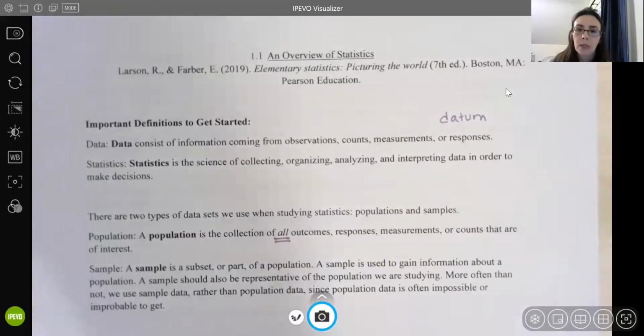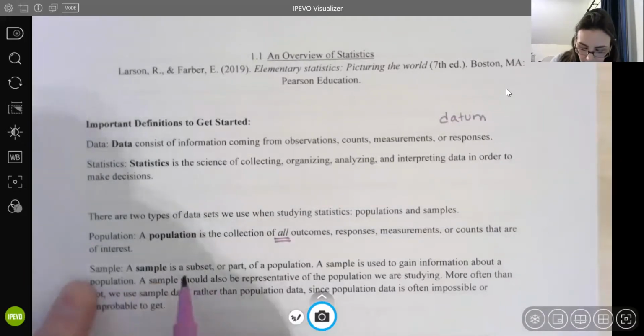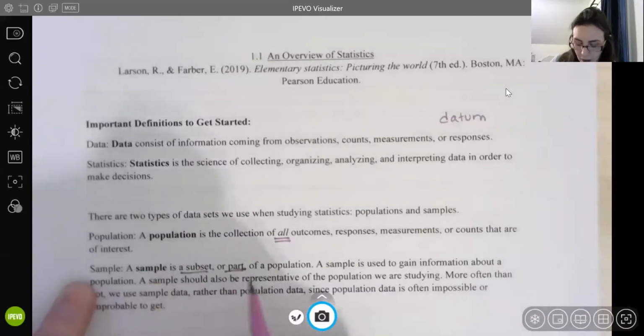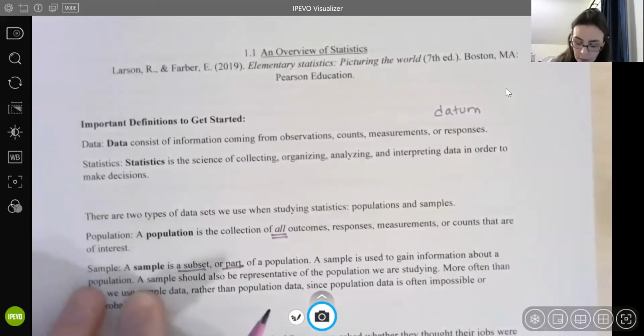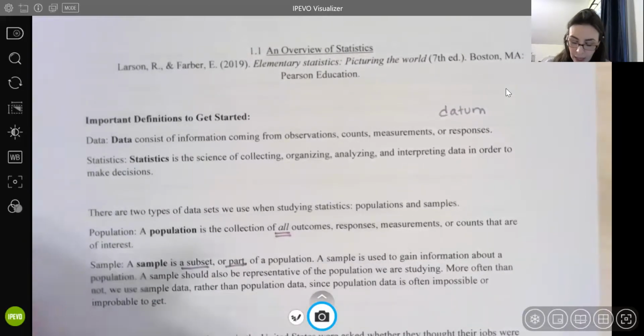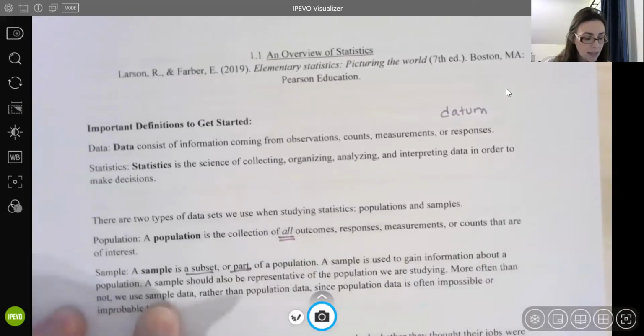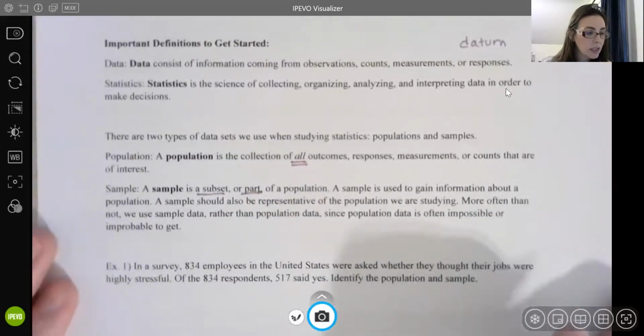So every single person in that group or every single item, etc. A sample is a subset or a part of a population, and a sample is used to gain information about a population. When we have samples, we do need to make sure that they are representative of the population we're studying. And more often than not, we do use sample data rather than population data.